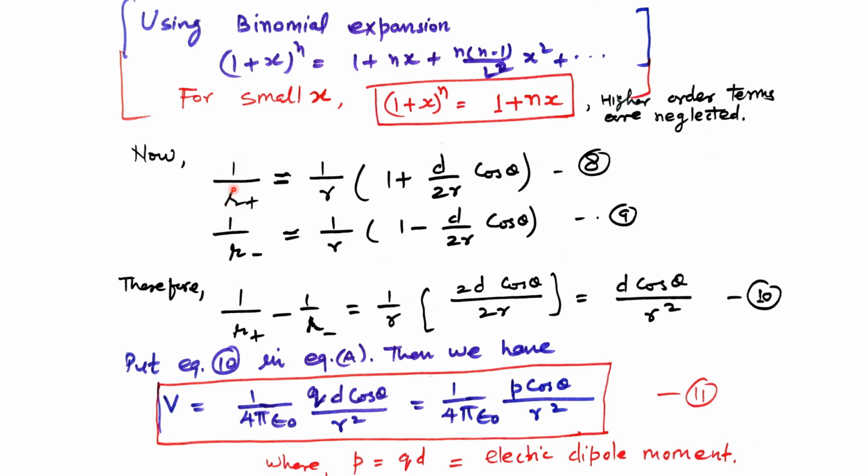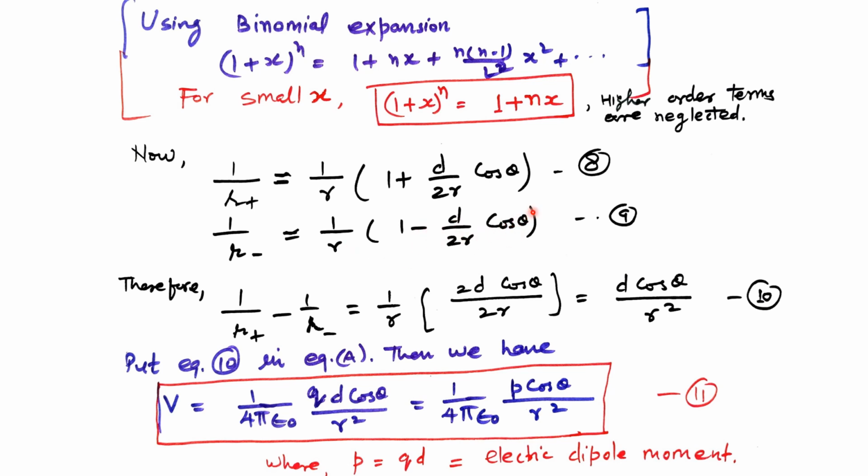So now 1 upon r plus can be written as 1 upon r into 1 plus d by 2r cos theta, because the power was minus 1 by 2. Similarly 1 upon r minus equal to 1 upon r into 1 minus d by 2r cos theta.